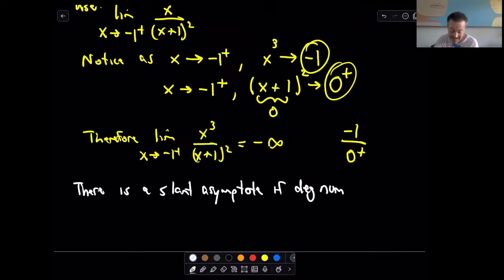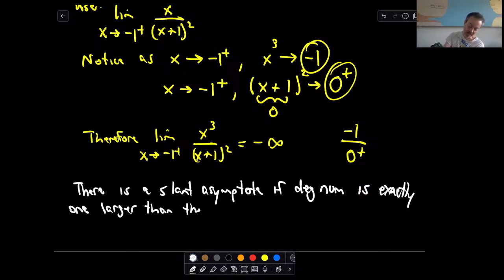Okay, so notice in this case, though, there is a slant asymptote if the degree of the numerator is exactly one larger than the degree of the denominator, which is exactly what's happening in this case. There is a slant asymptote, because in the numerator we have x to the third. If you square out the denominator, you're going to get x squared plus some other stuff.